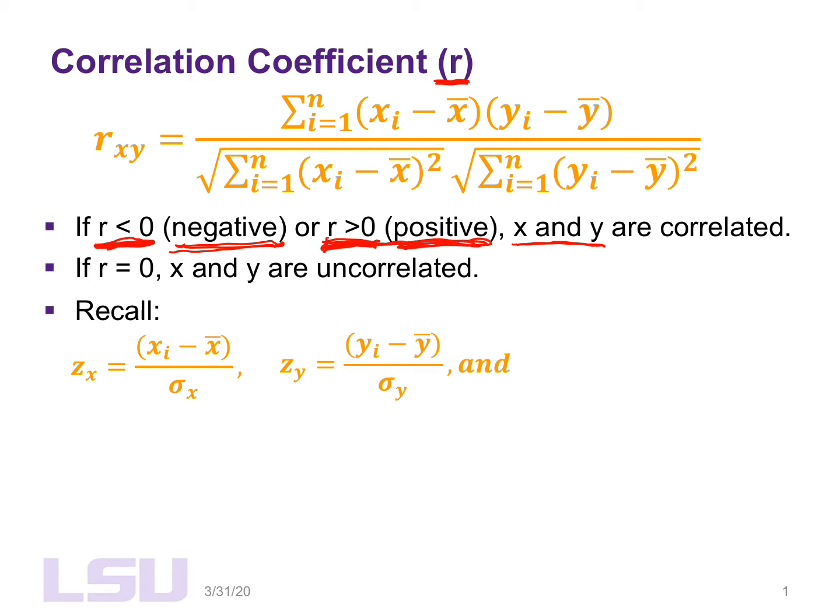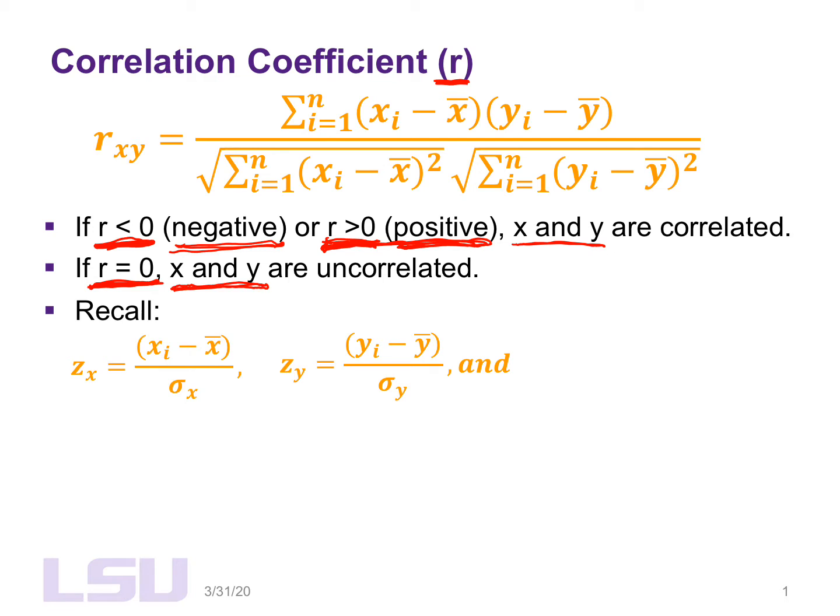Otherwise, X and Y are positively correlated. But if R is 0, then there is no correlation whatsoever between X and Y.